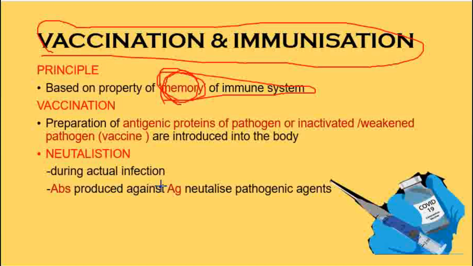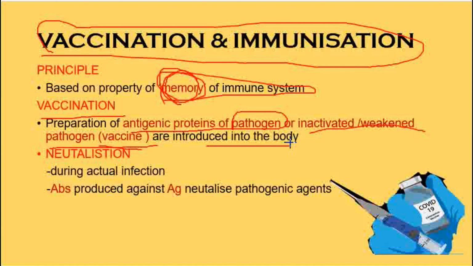So what is a vaccination? Vaccination is a preparation of antigenic proteins of a pathogen, or an inactivated or weakened pathogen, which you call a vaccine. It is introduced into your body.